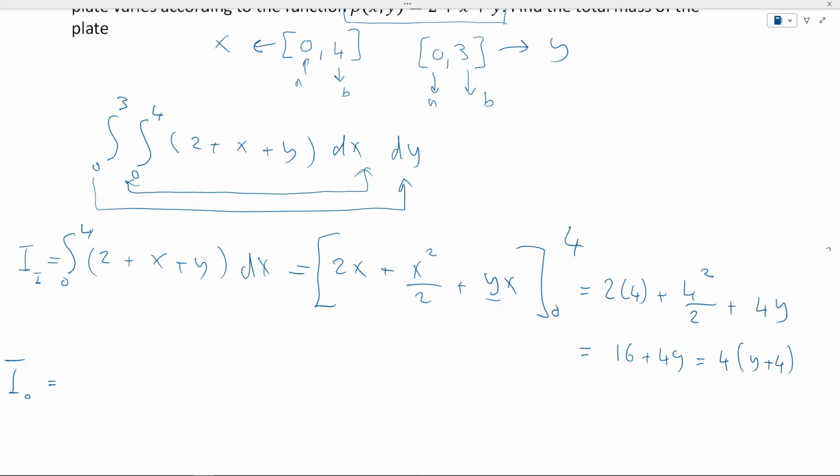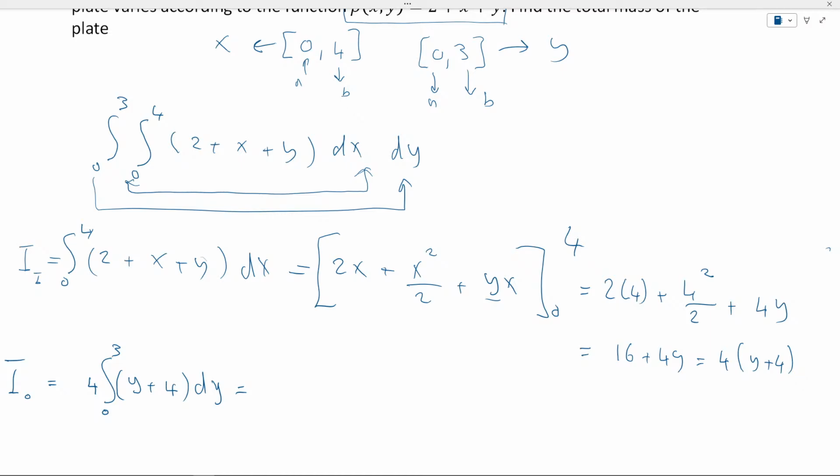So the outer integral will be the integration of, I can take the 4 out here, of y plus 4 from 0 to 3 with respect to dy. Something that looks like this.